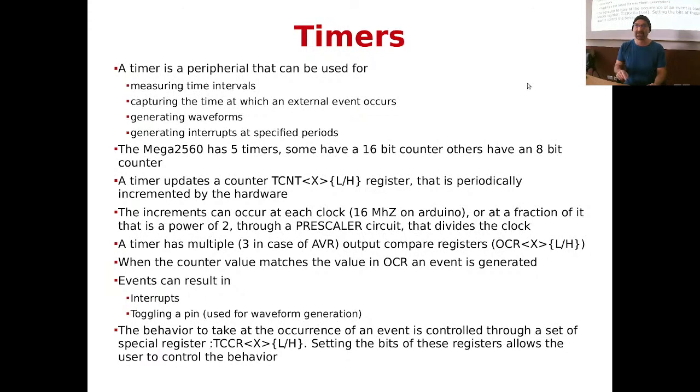And then X is a number, 0, 1, one of these timers that you have that denotes the specific timer that you have. Now, the timers can be either 16 or 8 bits. Now, for timers at 16 bits, the count is 16 bits. For timers at 8 bits, the count is 8 bit.